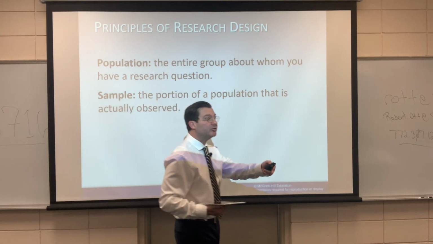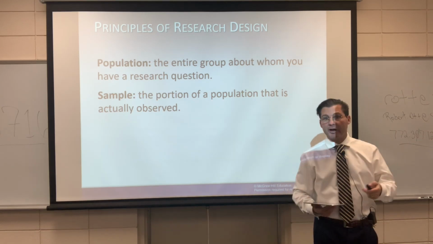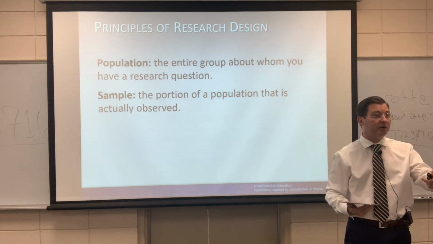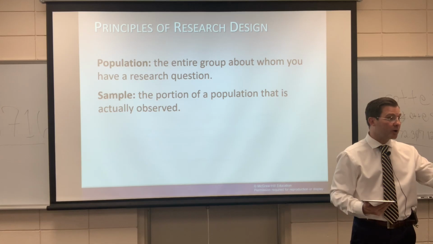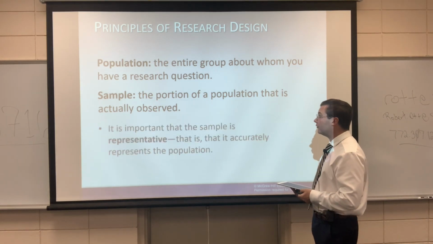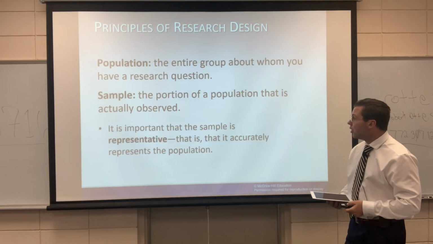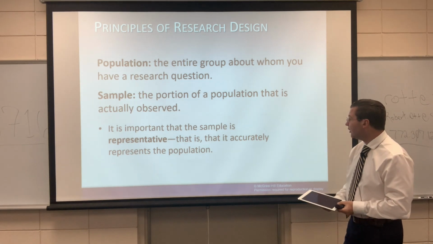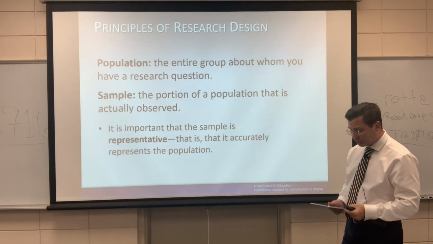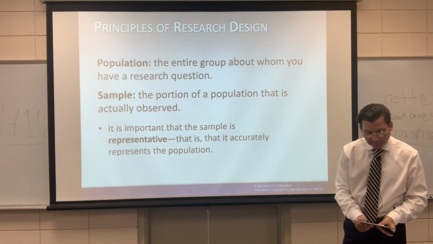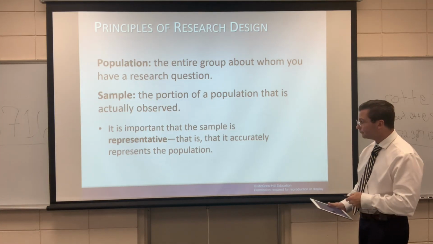They're also very expensive to run. Therefore, you're going to have to start to rely on grant funding to finance your research projects because it can be very expensive. And we want to make sure that the sample is representative and accurately represents the population that we're focused on.